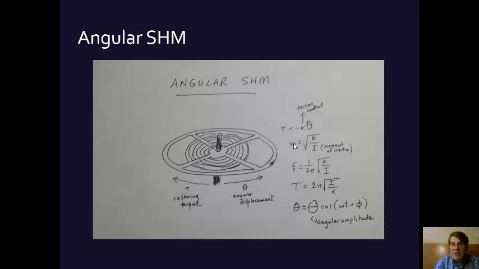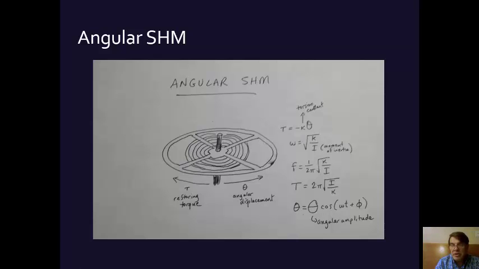So instead of F equals negative kx, we have torque, which is like F, equals negative kappa theta, where theta is the angular displacement instead of x. I'm sorry, this kappa is called the torsion constant, which is like k, the spring constant.